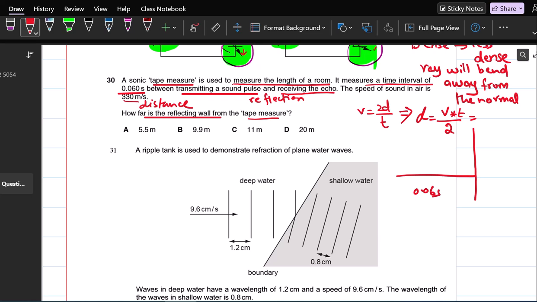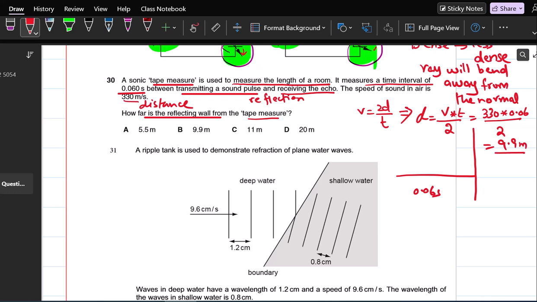So speed is 330 multiplied by 0.06 divided by 2. So we have to calculate this. I have a calculator with me. 330 multiplied by 0.06 and divided by 2. So this is 9.9 meters.